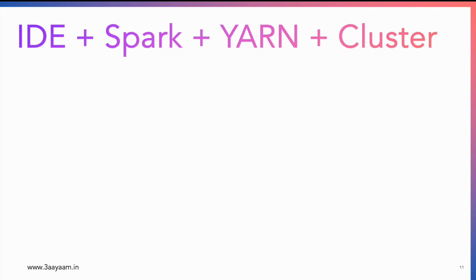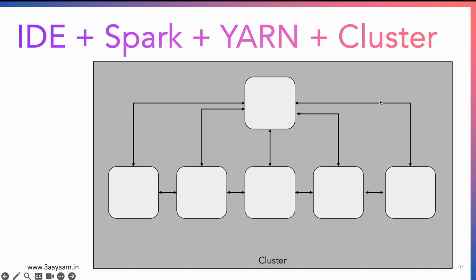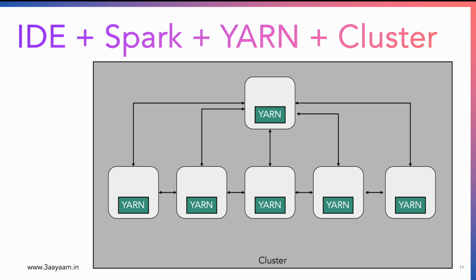Now, how do we fit all these things together? The IDE, the Spark ecosystem, Yarn, and the cluster. So I'll start from the end, the cluster. So this is the cluster that we have. If you are using EMR, then these are all EC2 instances. This is the primary node and these are the compute nodes. I have 1 primary node and 5 compute nodes. Now what we have to do is that we'll have to install Yarn in all the nodes.